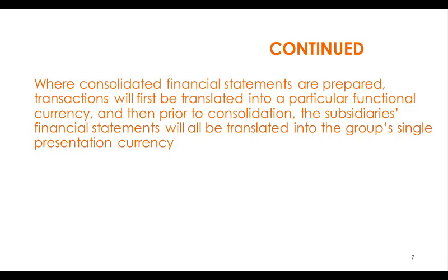Again, coming back to my example, if there is a subsidiary operating here in Papua New Guinea and the parent company is in Australia, the first thing we will do is prepare the report here in Papua New Guinea based on the functional currency, and then afterwards we will translate it into the parent's presentation currency. So in my example, that will be the Australian dollar.